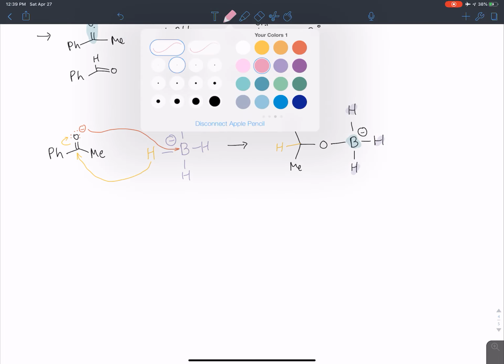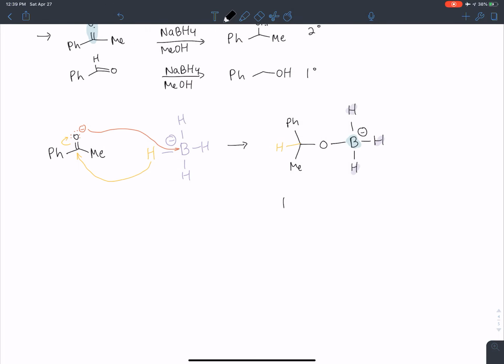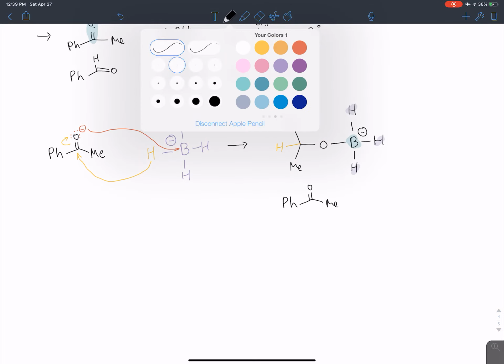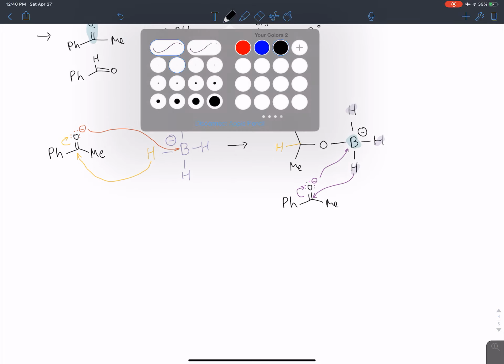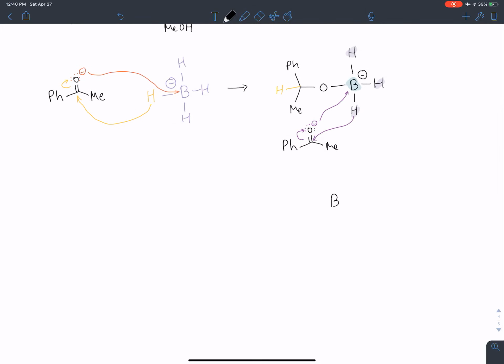So what's going to happen right now is another molecule of PhOMe, that ketone, is going to come along and get itself attacked by this hydrogen here, causing the lone pair to form again, repeating itself, giving me this product here. And from this step on, I'm not going to draw the implicit hydrogens because it's just the same thing.